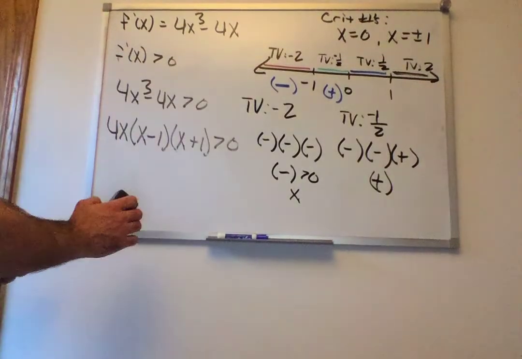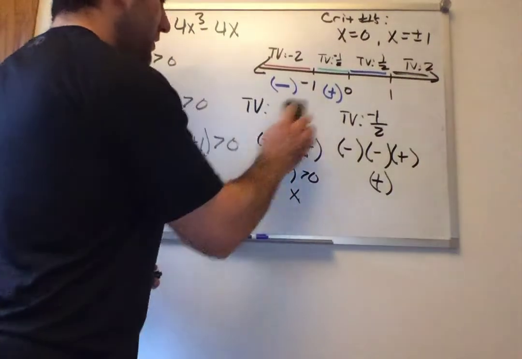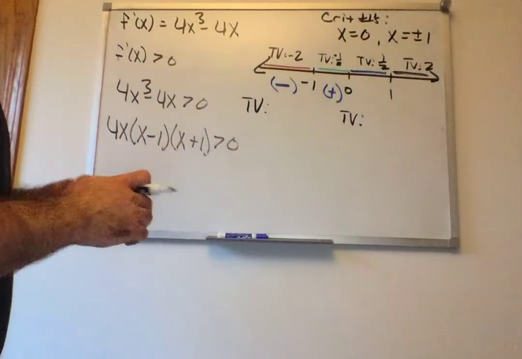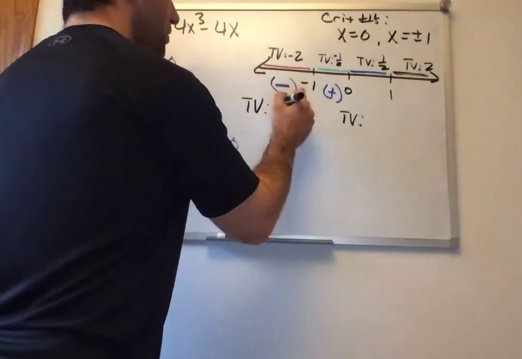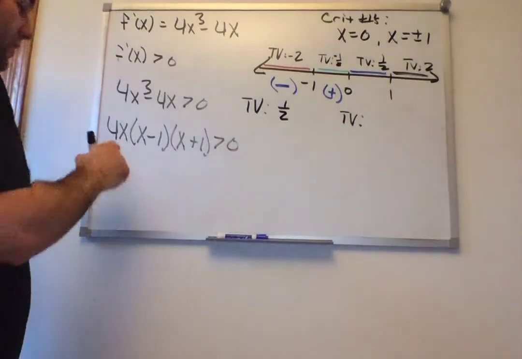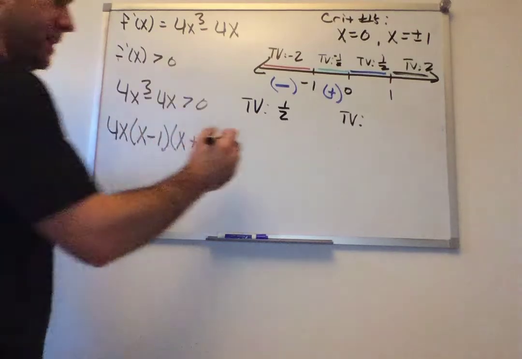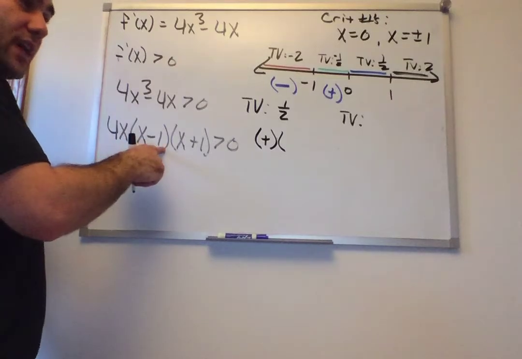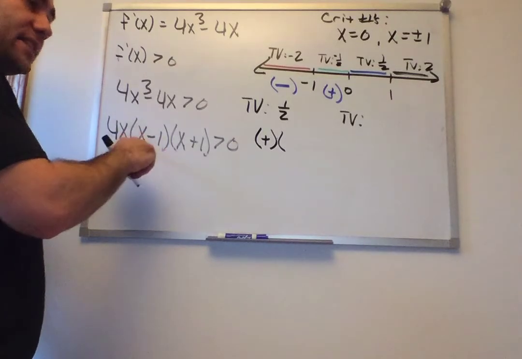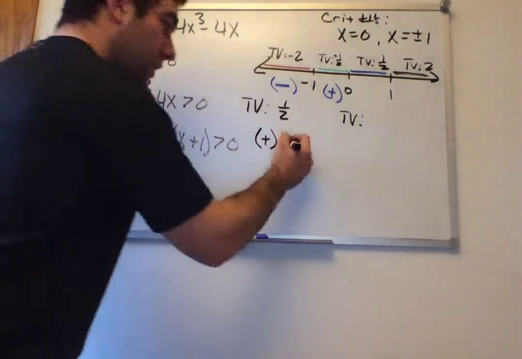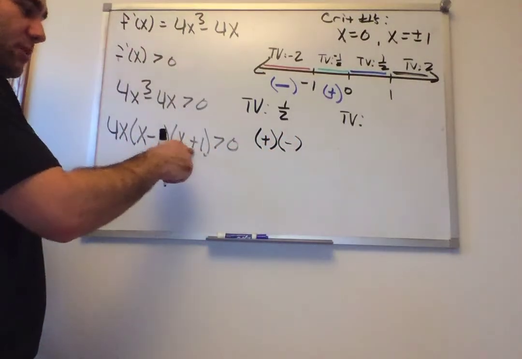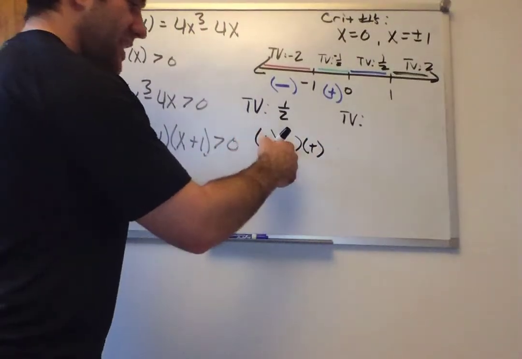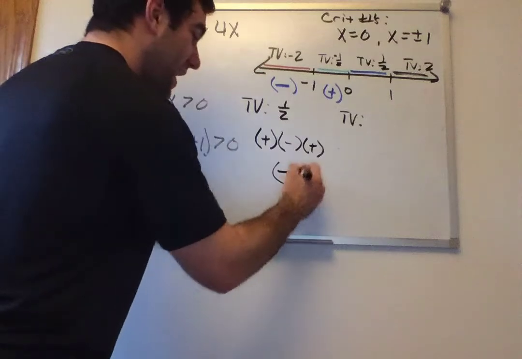But let's go ahead and do the other two test values. I'm going to erase these. So now I've got a test value of 1/2. If I plug a positive number into this first piece right here, it's going to be a positive. Positive 1/2 minus 1, okay? Be careful. Positive 1/2 minus 1 is a negative 1/2, so that's negative. Positive number plus 1, well, that's still going to be positive. So here, positive times a negative is a negative, times another positive is a negative.